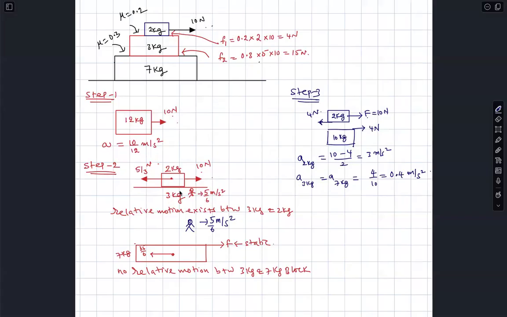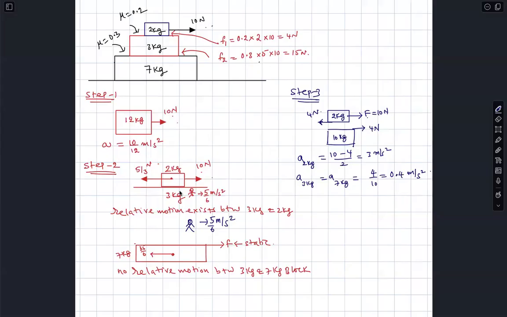So net is 10 minus this number, above 8 newtons. But the maximum limiting value of the friction across 2 and 3 is 4. So therefore, what nature of friction will come into the picture between 2 and 3? Kinetic friction. So therefore, my conclusions are 2 will move relative to 3, 3 will not move relative to 7.